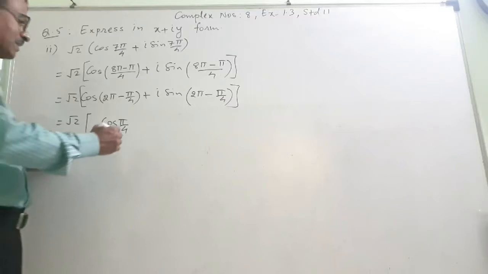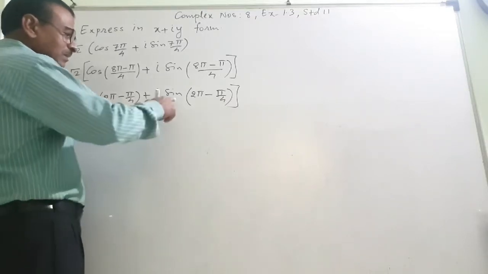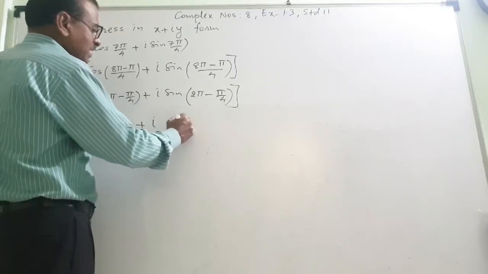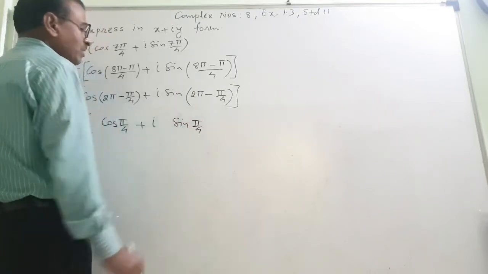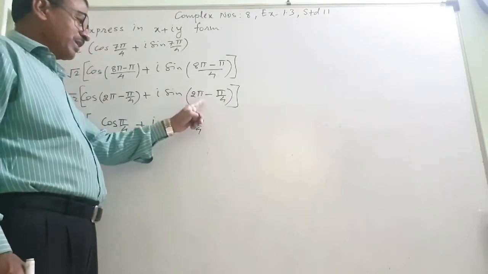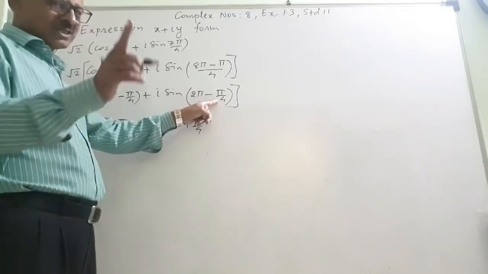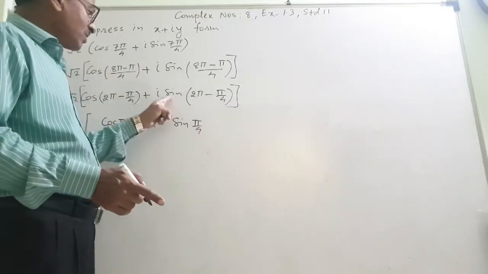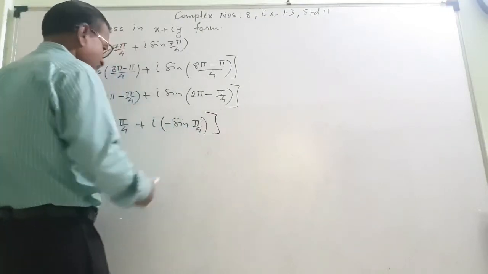Plus i, for this also it will be sine of pi by 4, the ratio will remain the same. 2 pi minus something means the fourth quadrant, and in the fourth quadrant sine is negative, so this will be minus. So I will put the bracket over here.